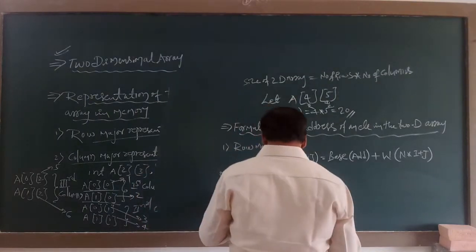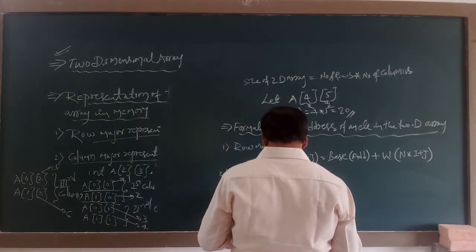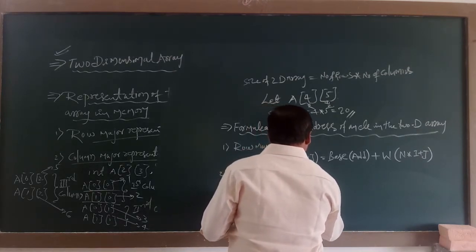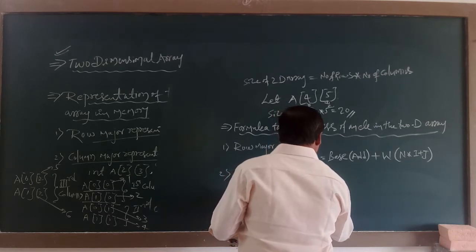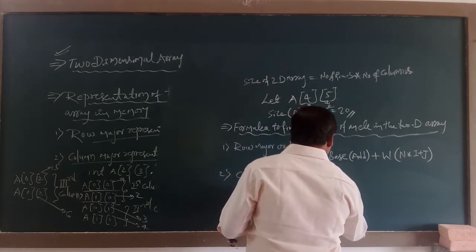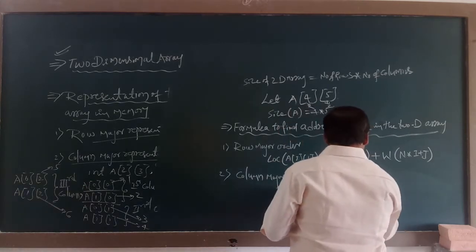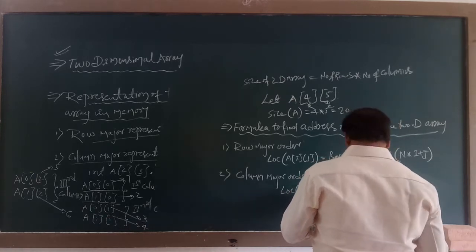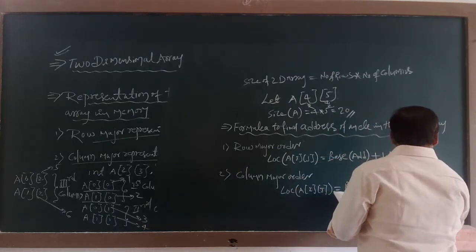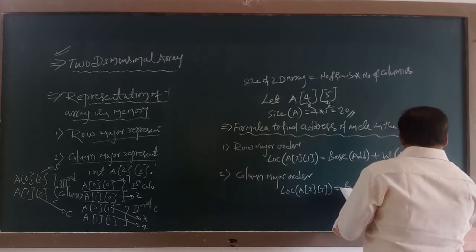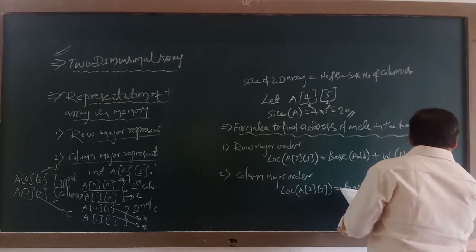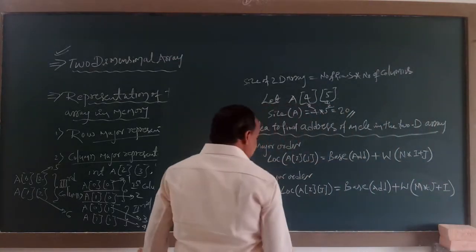For column major we have another formula, that is: location of A of ij is equal to base address plus w into m into j plus I.